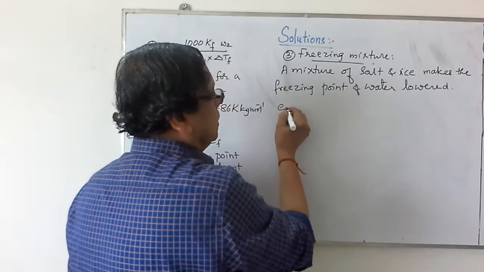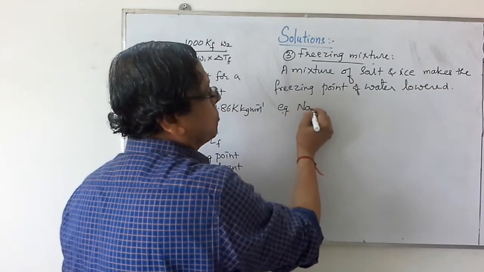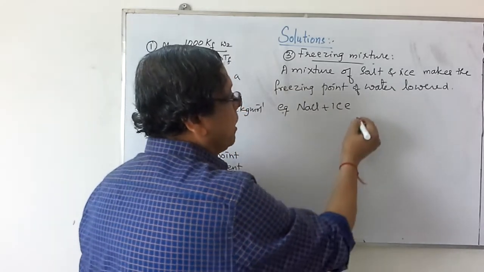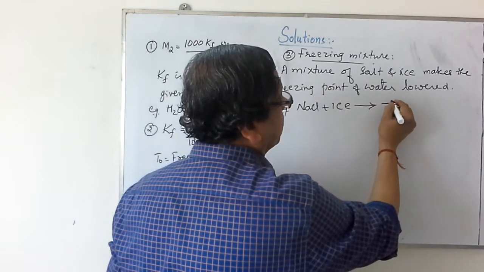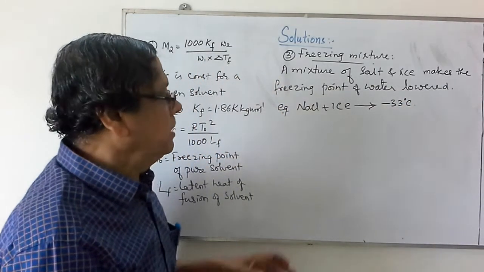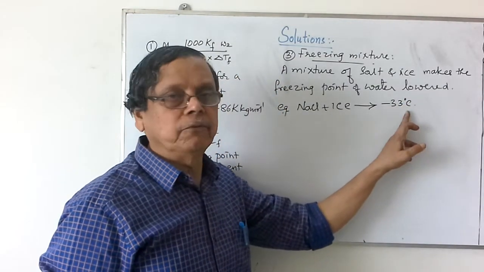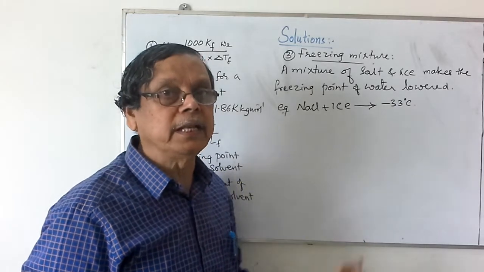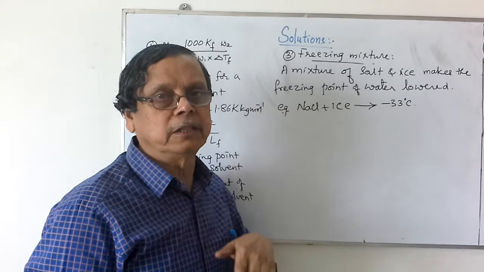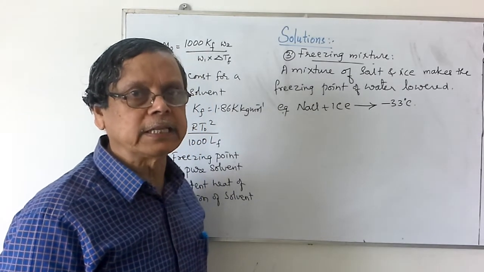For example, when we mix common salt, sodium chloride, and ice, this will produce a temperature of about minus 33 degrees Celsius. So this mixture of sodium chloride and ice will produce the temperature minus 33 degrees Celsius. That is, from 0 degrees, it will reduce the freezing point by 33 degrees Celsius.